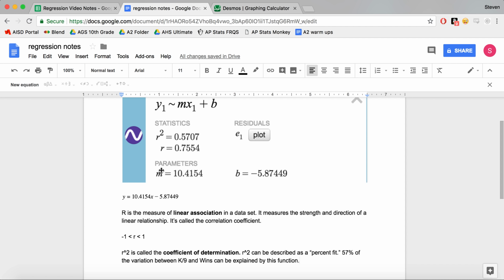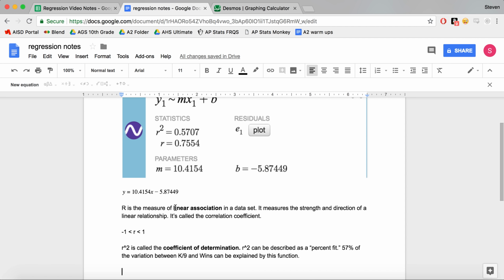So we know about slope and y-intercept. The slope here is 10.4154. What we should remember about linear functions is that every time x goes up by 1, y goes up by 10.4154.